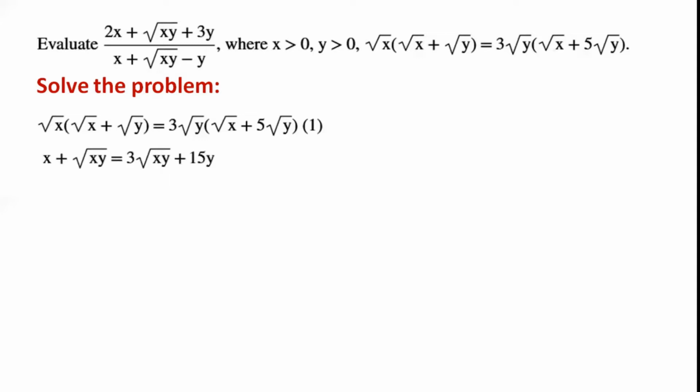√x times √x equals x. √x times √y equals √(xy). 3√y times √x equals 3 times √(xy). 3√y times 5√y equals 15y.